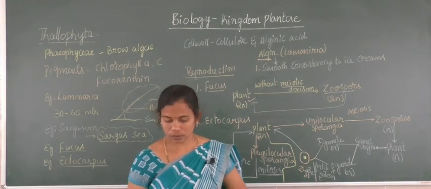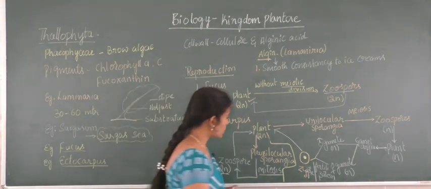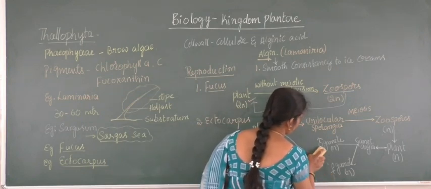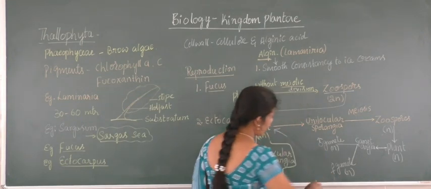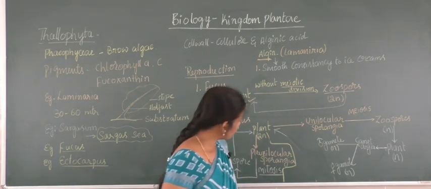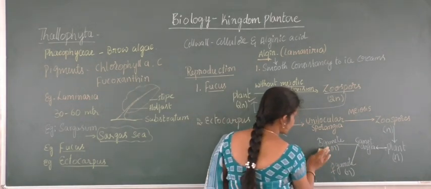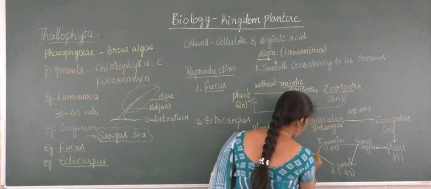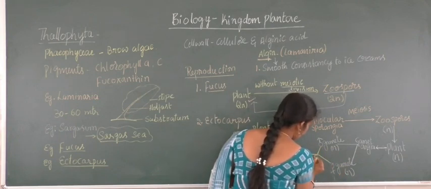Shall I show this once more neatly? Here two gametes are there, male and female gamete. These will fuse together after fertilization.